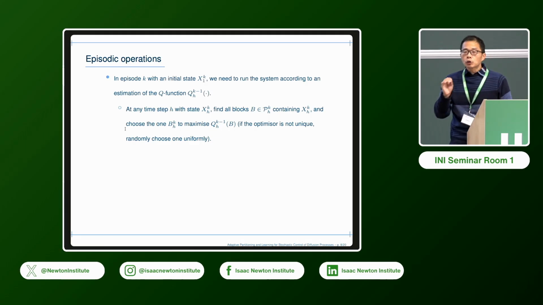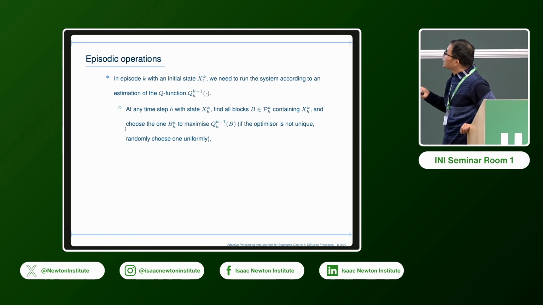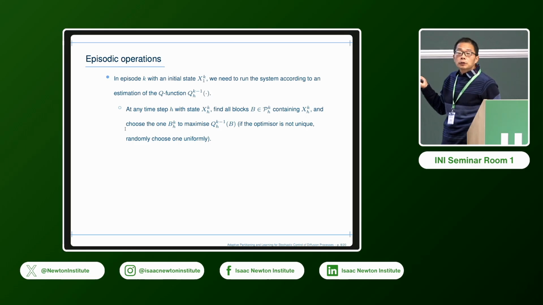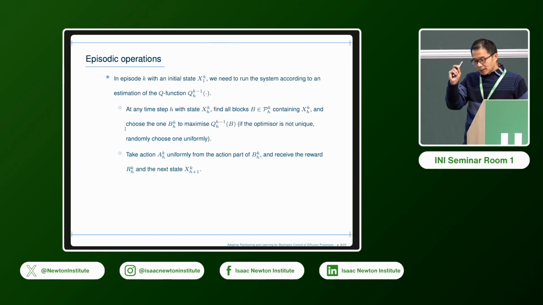Then we try to maximize the previous estimation of the Q function over all those blocks, and we use B_h^k to denote the maximizing one. In case there are multiple maximizing blocks, we just randomly pick one. Then we need to decide the accurate action to run the system.